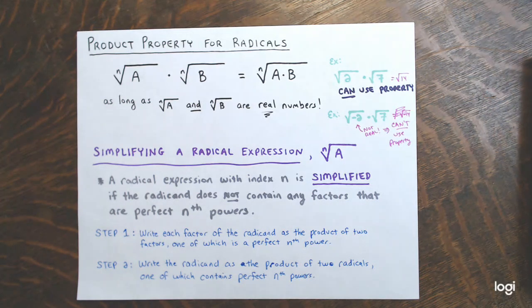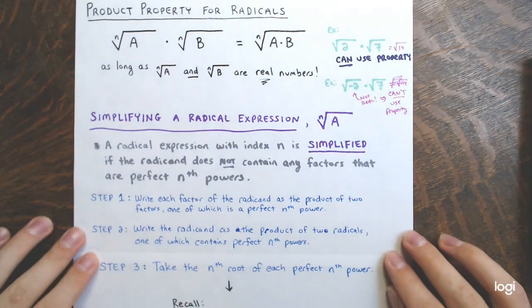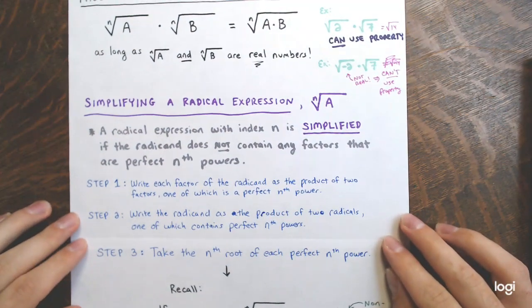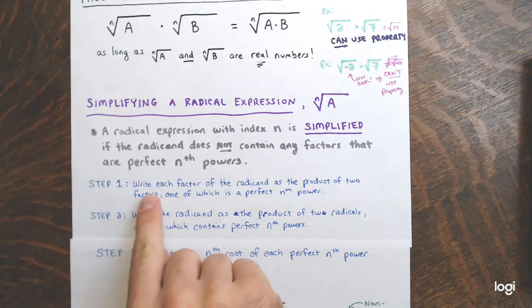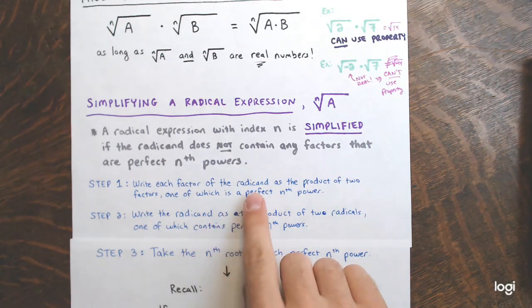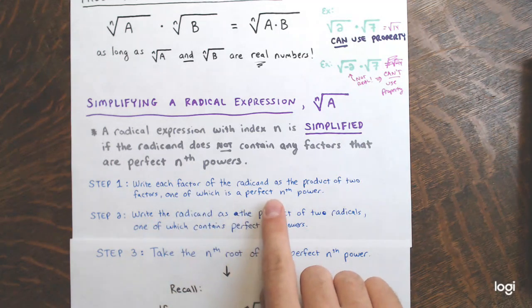All right, and then finally I'm going to get to the steps I'll be following, and I'll say these as we go through the examples later. I've got 3 steps to simplifying a radical. Step 1, we're going to write each factor of the radicand as the product of 2 factors, one of which is a perfect nth power.